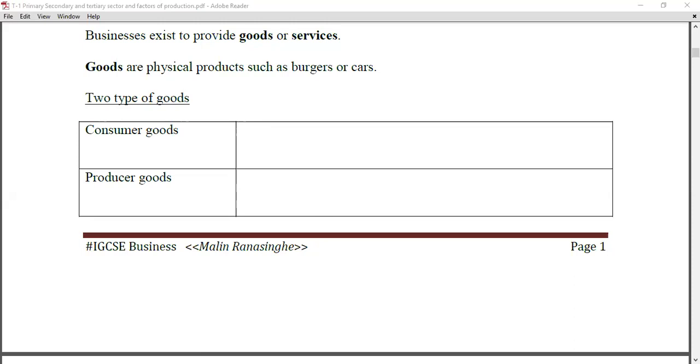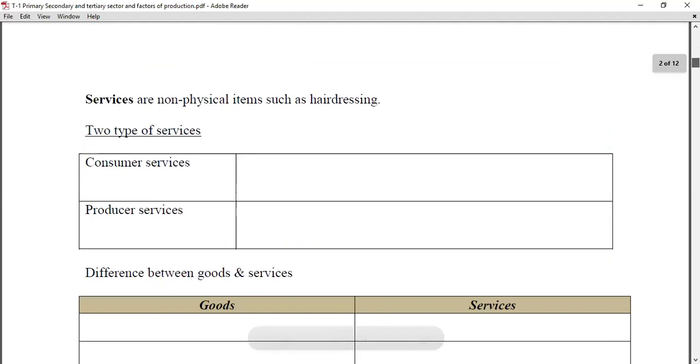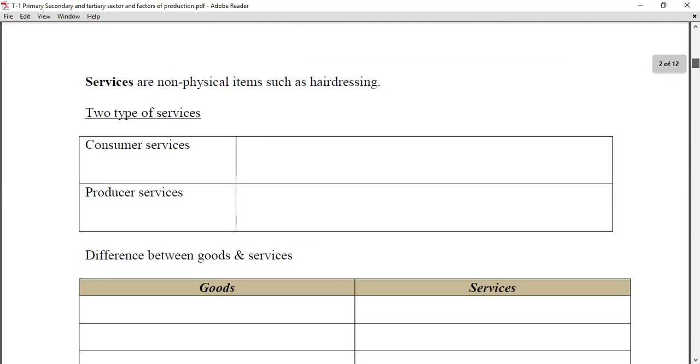Now you have a very clear-cut identification of the difference between producer goods and consumer goods. Let's go to the other side of the table, the services. Services are of non-physical nature, such as hairdressing. We can't see or touch them; they are intangible. Services can also be classified into consumer services and producer services.